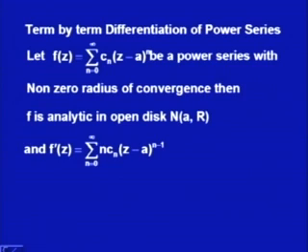Then f'(z) is equal to the summation n equal to 0 to infinity of n times C_n into (z minus a) raised to power n minus 1. So, if we differentiate this series term by term, we get this, and this series converges to the derivative of the function f(z). So, term by term differentiation is possible.